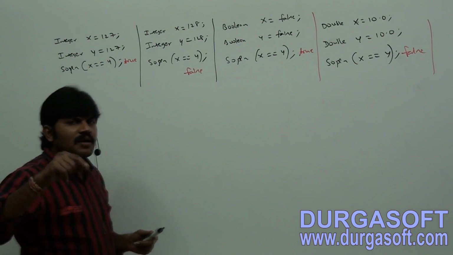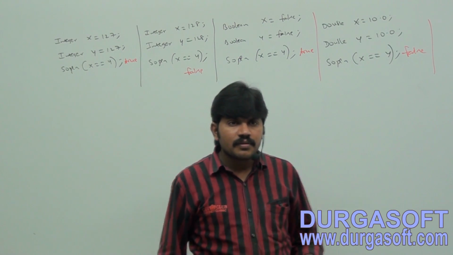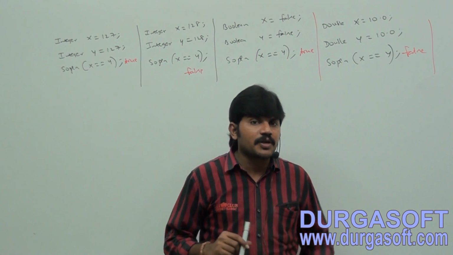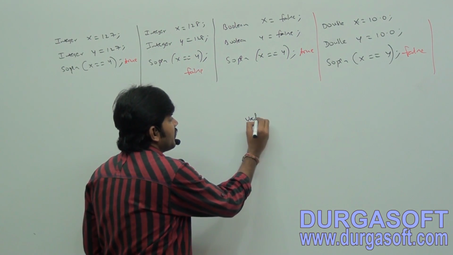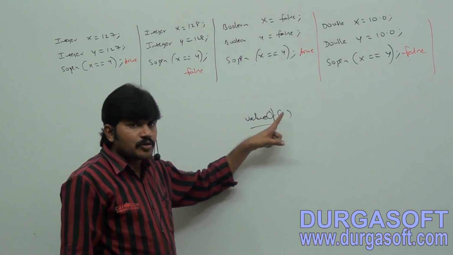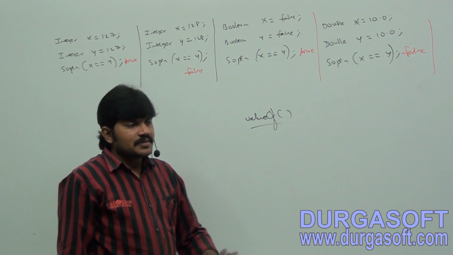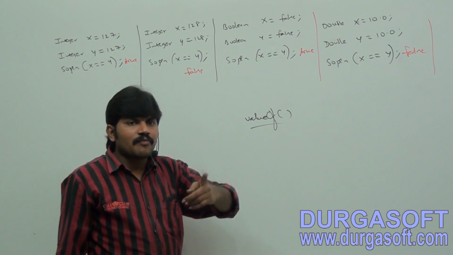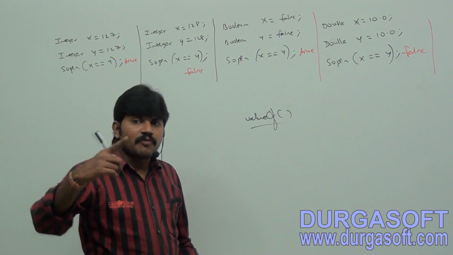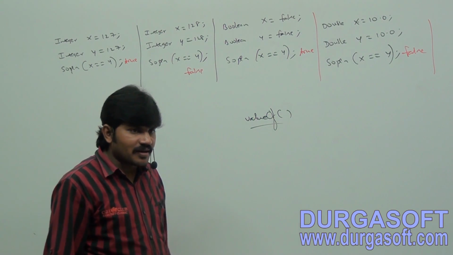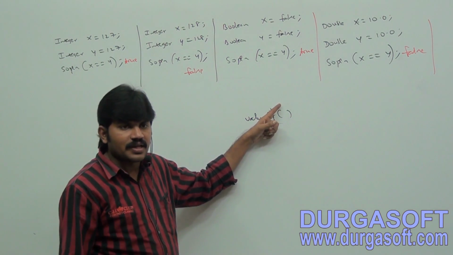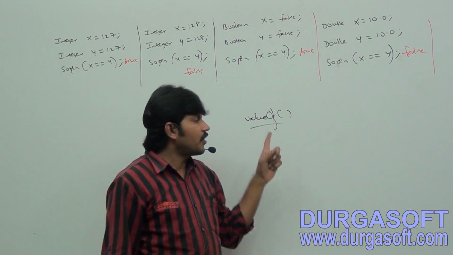Internally, autoboxing is implemented using the valueOf method, and auto unboxing is implemented using the xxxValue method. Is the buffer concept available for the valueOf method? Yes, because autoboxing is implemented using valueOf, so the buffer concept is applicable for valueOf methods also.